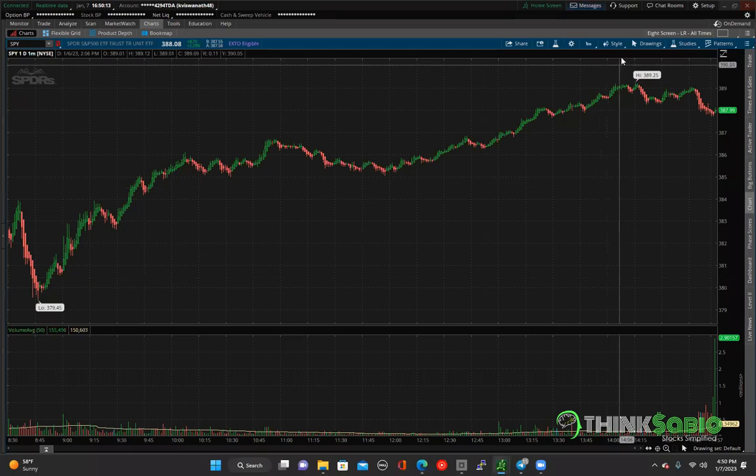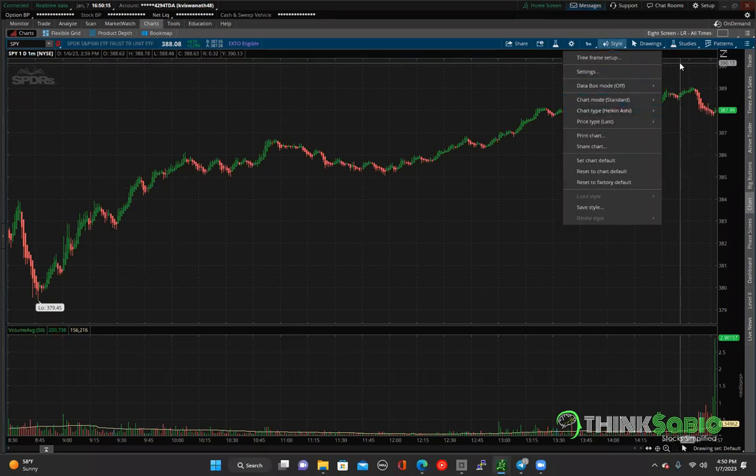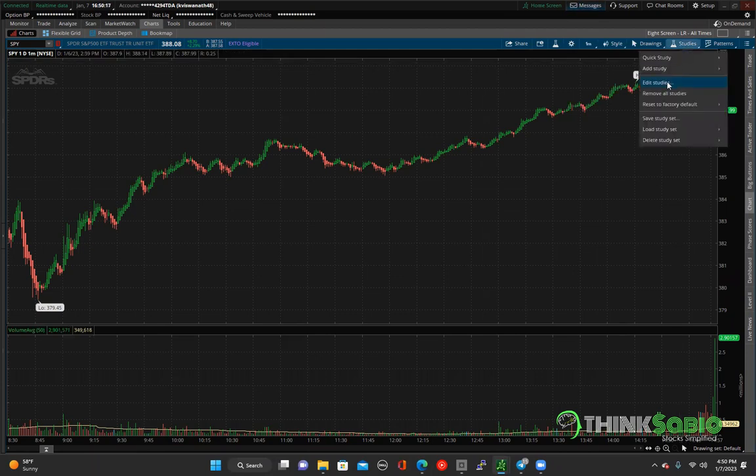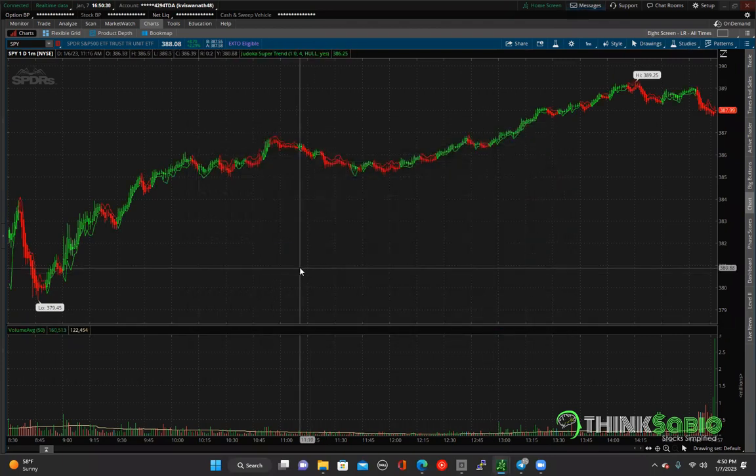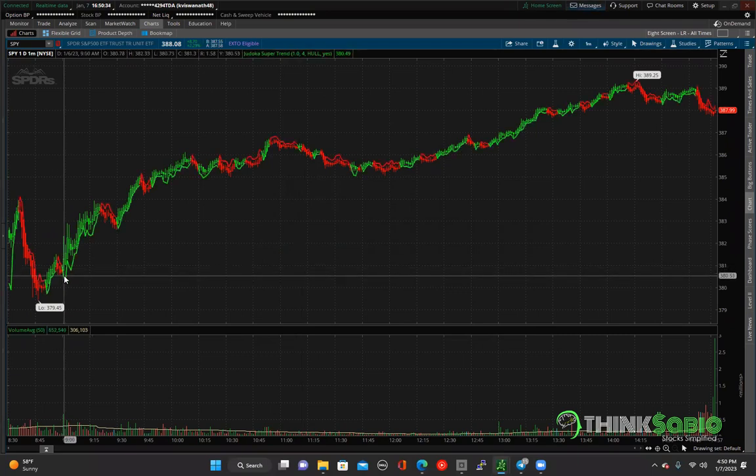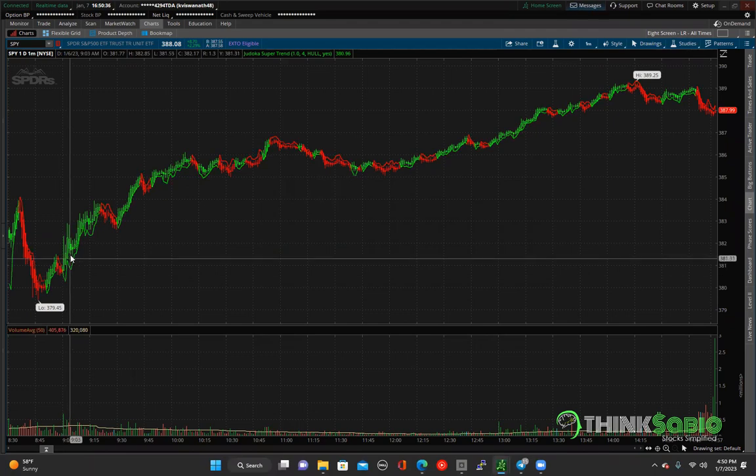And apart from these Heikin-Ashis, there are a few custom indicators, which are part of the Thinkorswim community, like trend, right? For example, there is an indicator like this. It will basically show you if a price is trading above a particular range, it will show you all green.